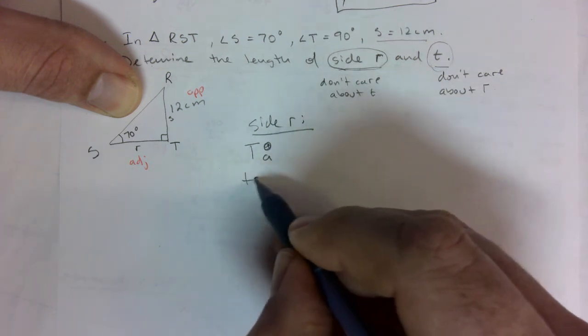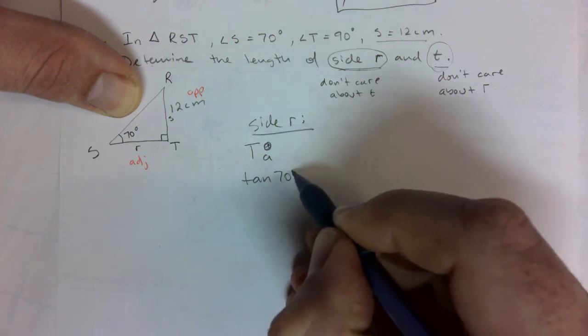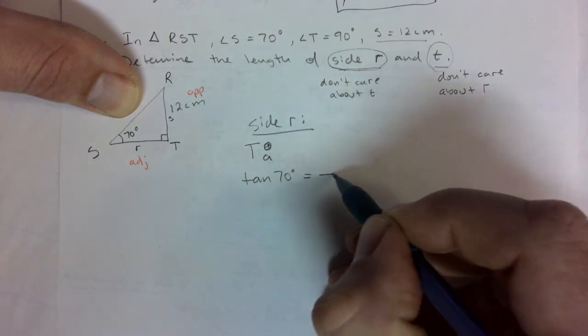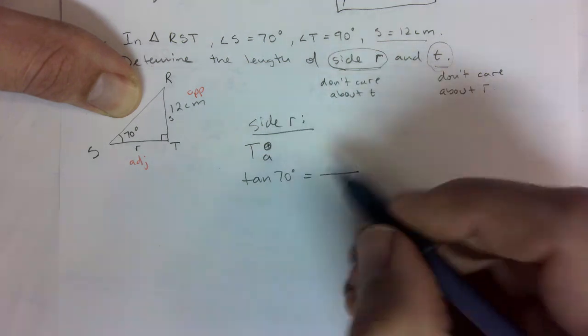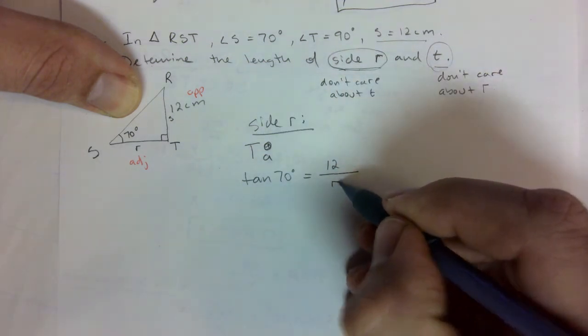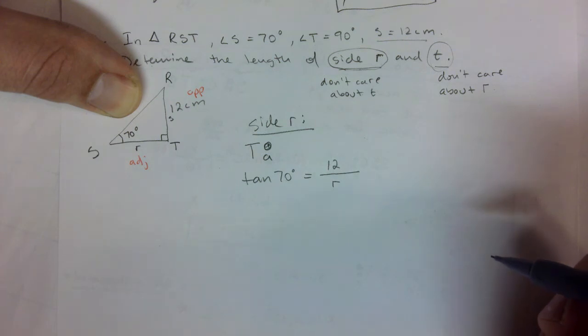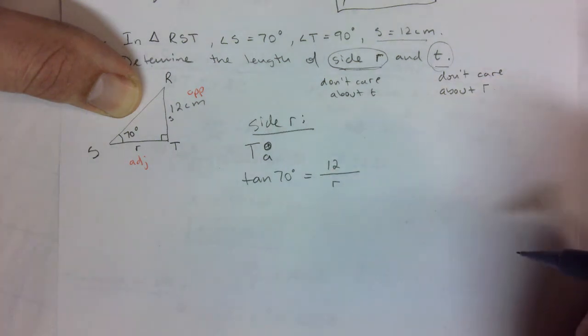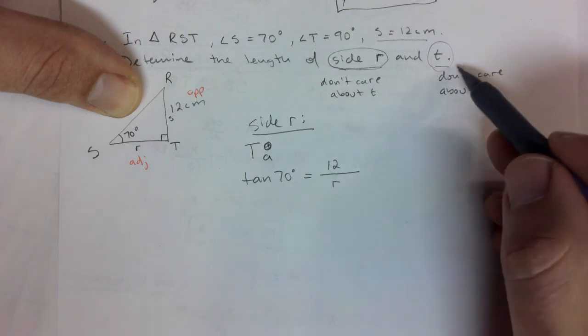So we're gonna go tan of 70 degrees is equal to opposite over adjacent like that. And we're gonna solve that, and you know already how to solve that. So let's pause for a bit and now go over to side T.